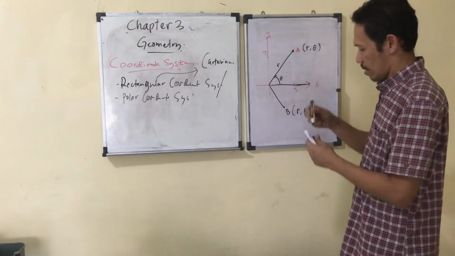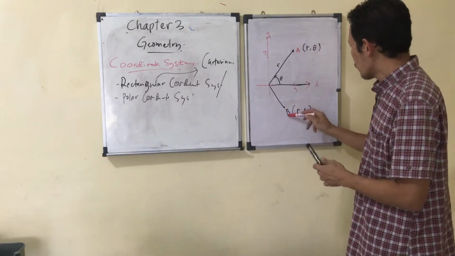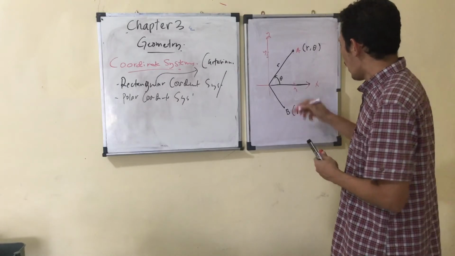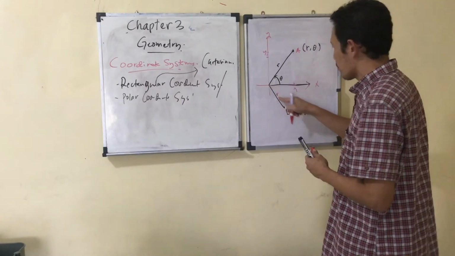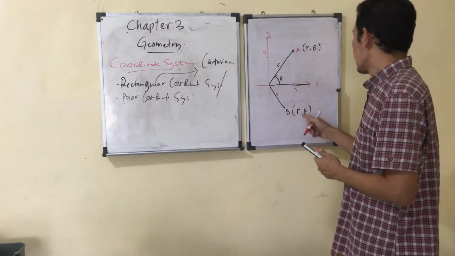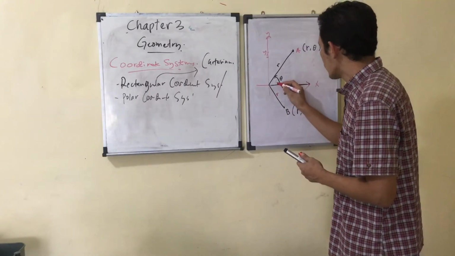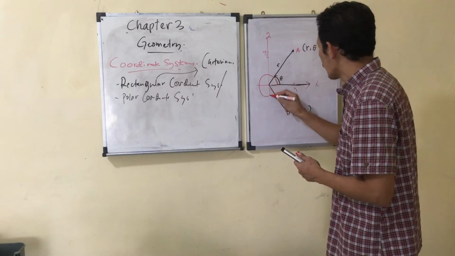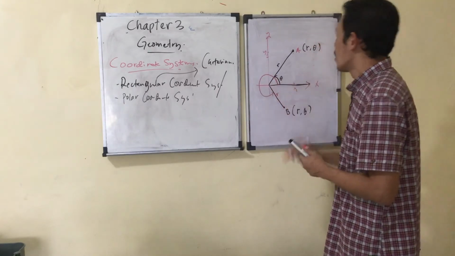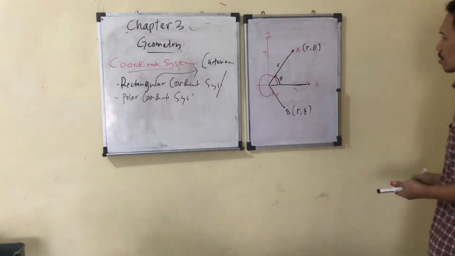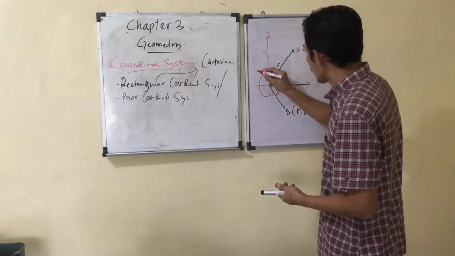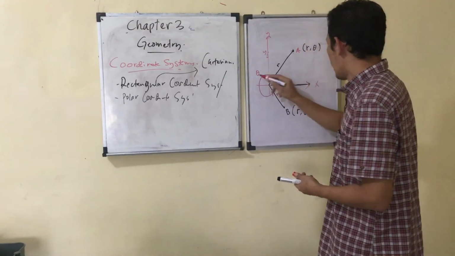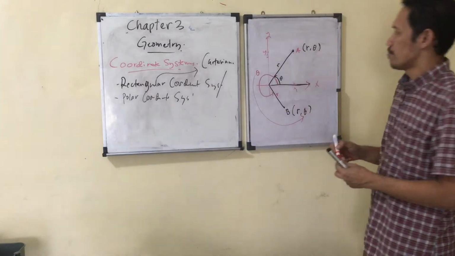For point B, you have to find the value of r, the length, and theta starts from 0 and goes anti-clockwise, and this is your theta.